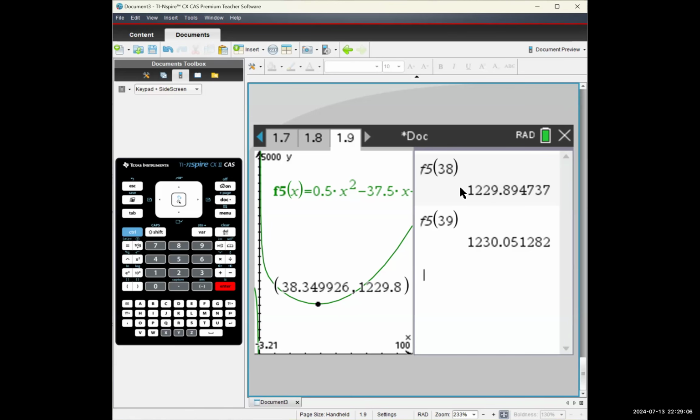Comparatively speaking, which value gives me the smallest or smaller cost? It's this value 38, giving me the lowest, feasibly lowest cost, $1,229.89. So option D is going to be my minimum cost per item, okay?